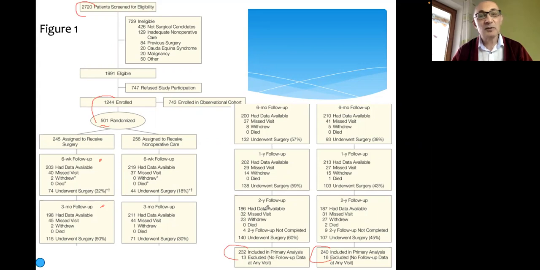The participants may move to another city, they may decide not to participate, they may be sick, they may have died, so many options. Still, they have a very similar number of participants in the 2 arms. So this is showing us that follow-up in this research was successful.